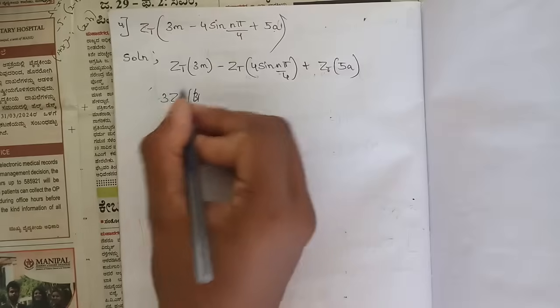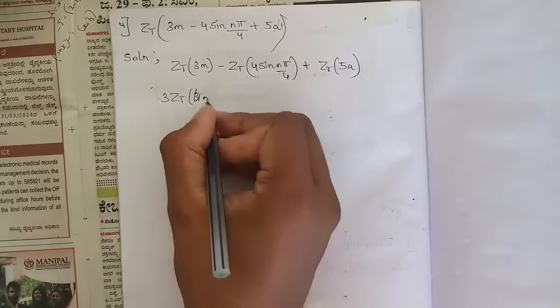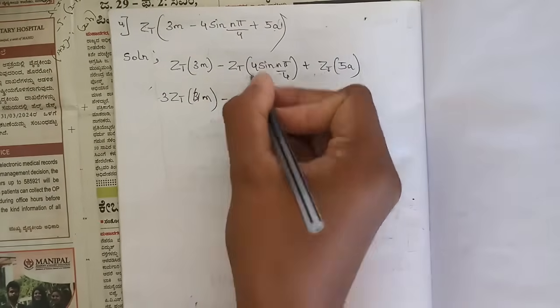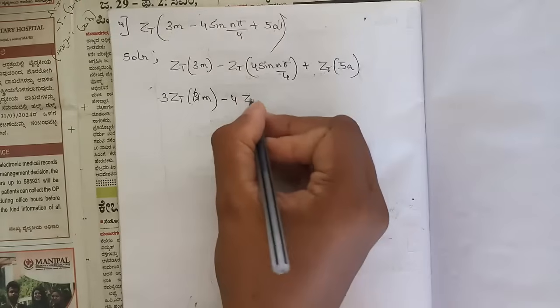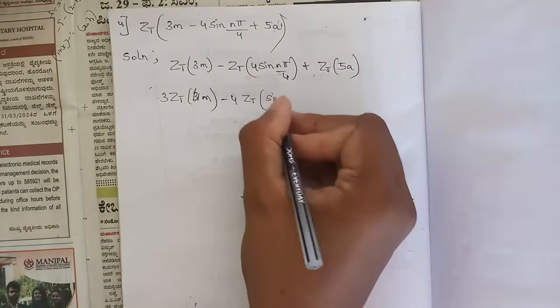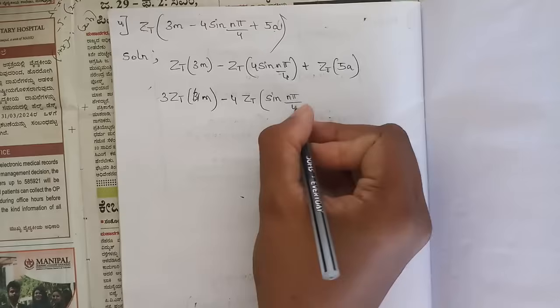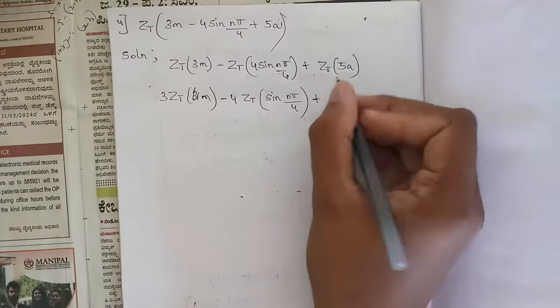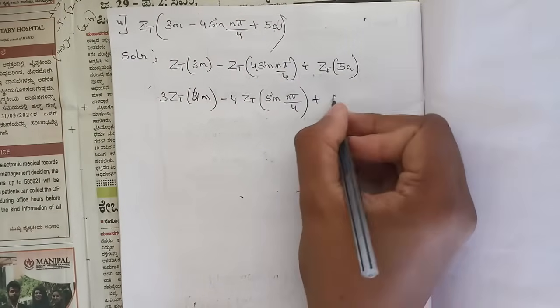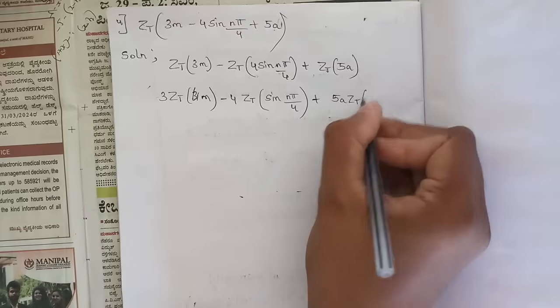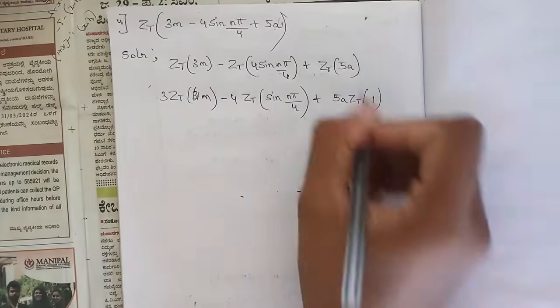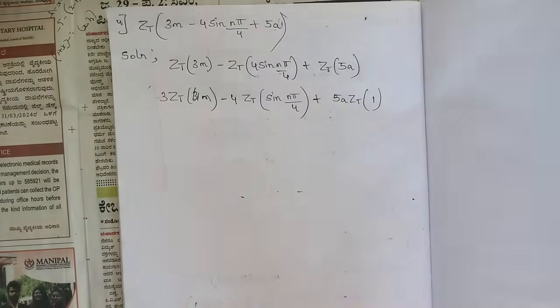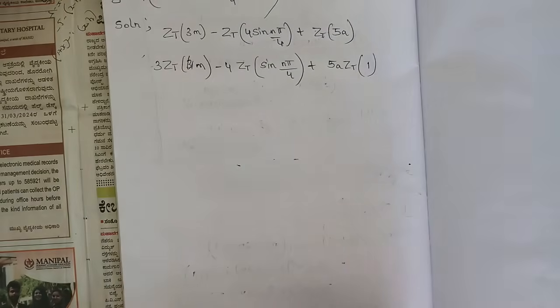We can take this 3 outside since it's a constant, Z transform of n, minus again we can take this 4 constant, sine n pi by 4 plus this 5a is a constant, right? So 5a into Z transform of 1. Since the 1 is remaining, we can take it as 1.